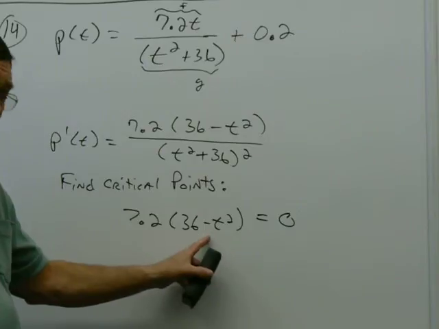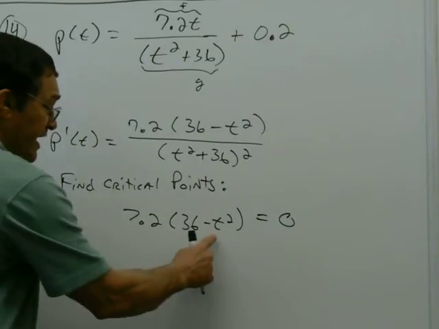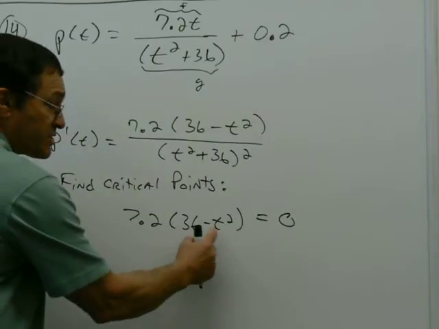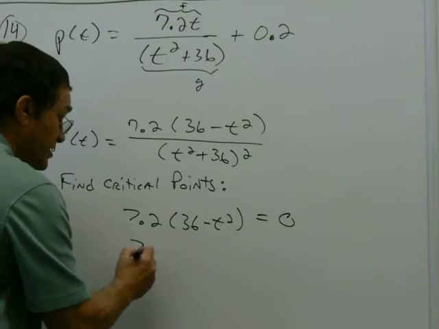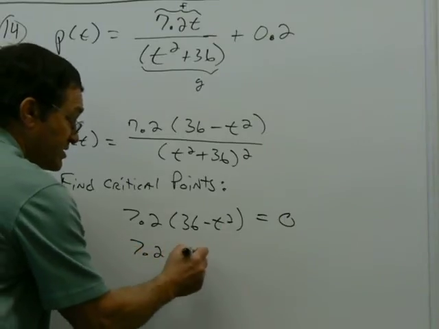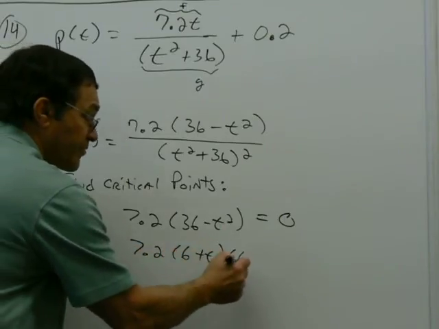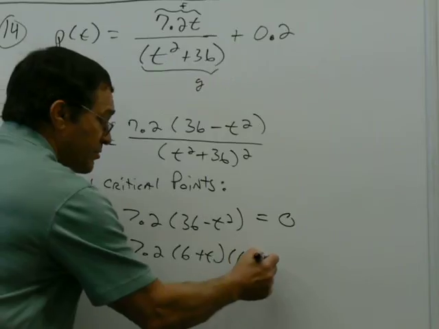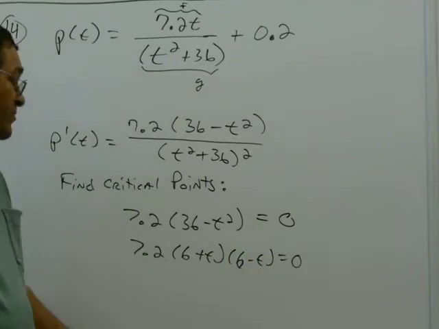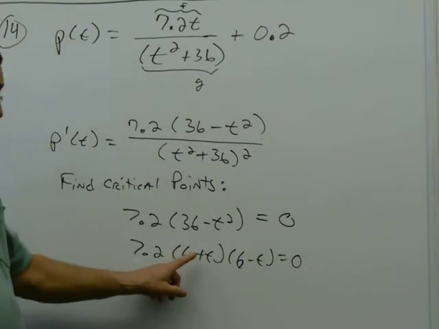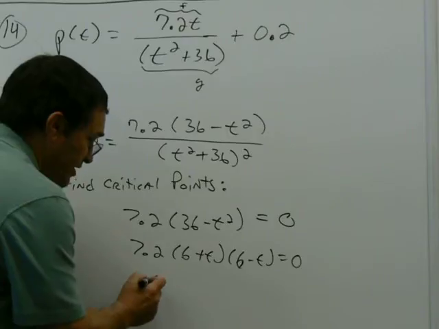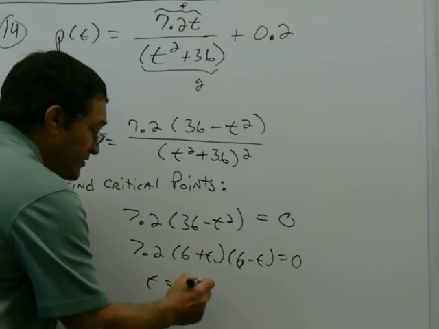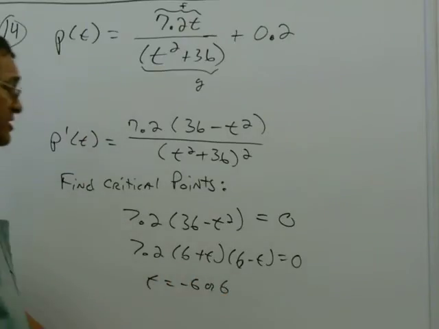The textbook way to find this, there's really a couple, but we can factor: 36 minus t squared is the difference of two perfect squares. So that would be 7.2 times 6 plus t and 6 minus t. So I get critical points of t equals negative 6 or positive 6.